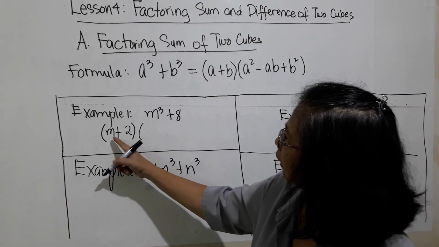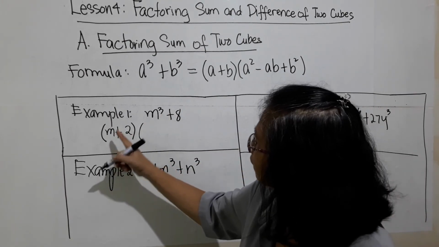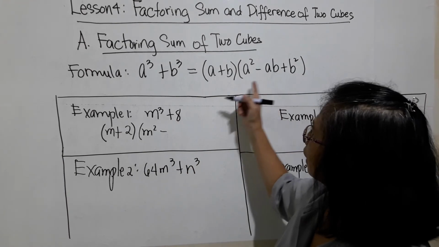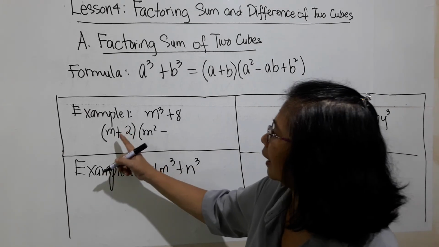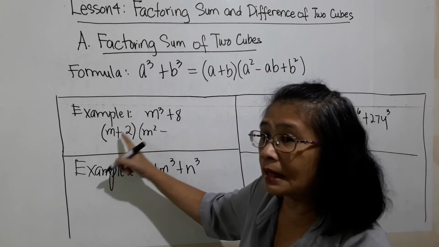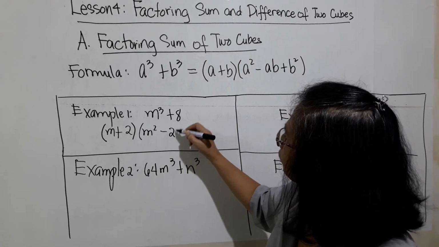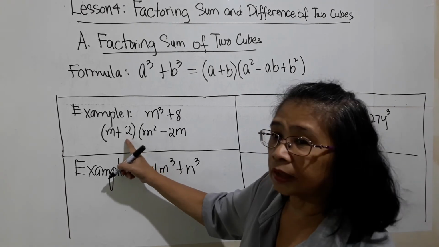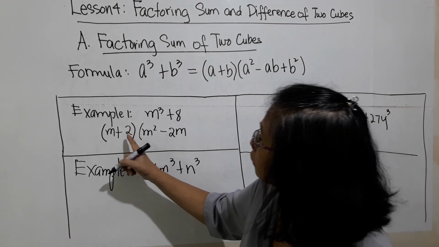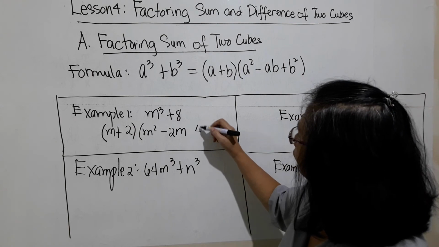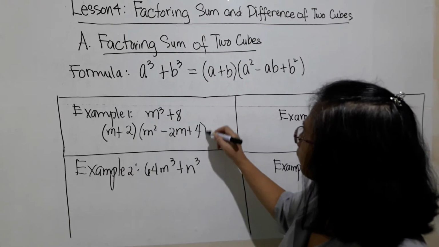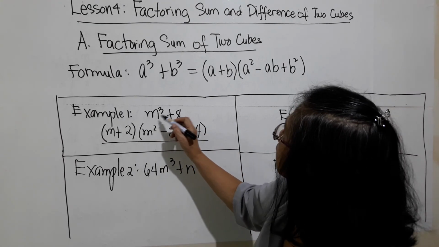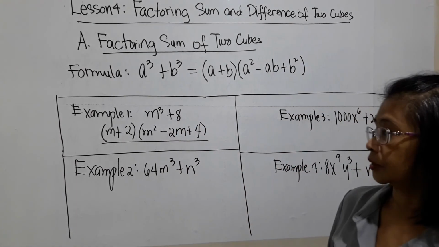So you have here a squared, meaning m squared, minus ab, means multiply m and b, so you have 2m. Then b squared means the second term, 2 squared, meaning 4. Then copy the plus sign.